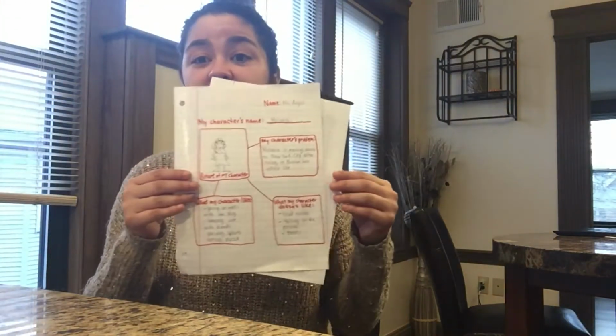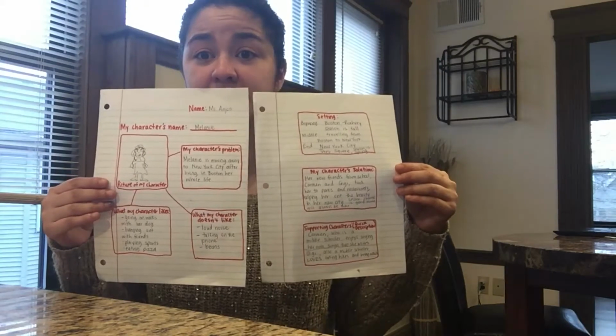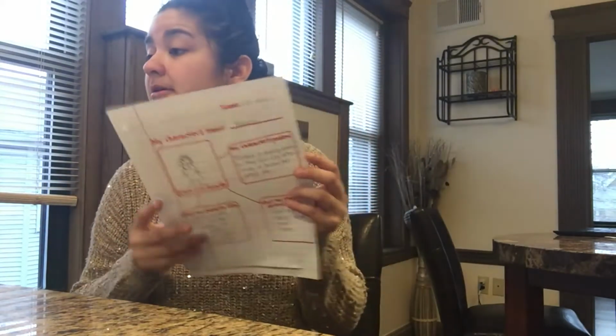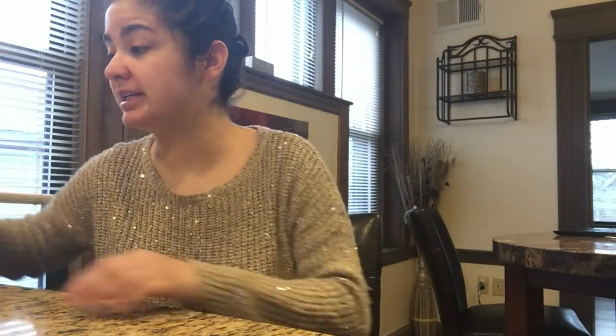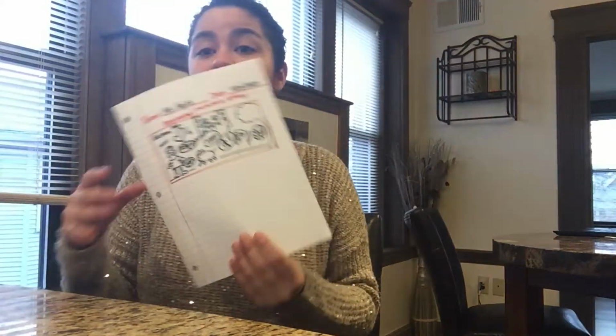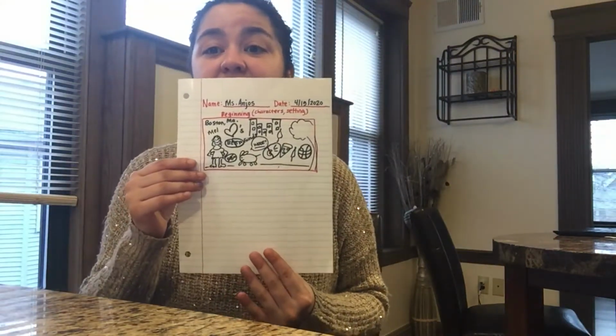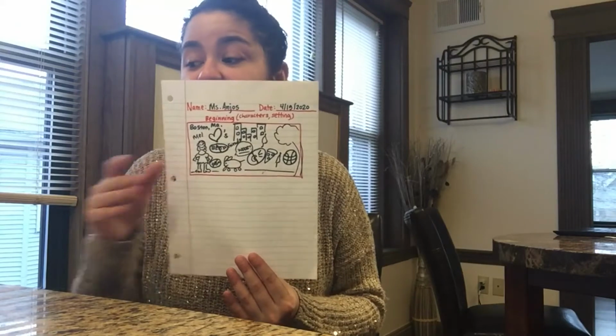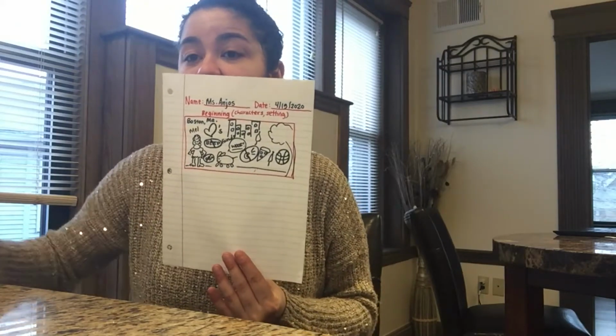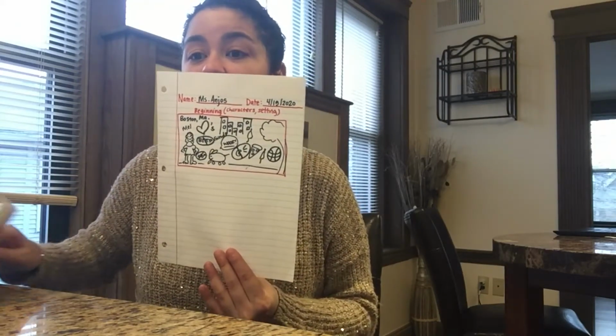You're going to need both pages of your organizer. You're going to need your beginning and your middle page because that's what we're doing today. Go ahead and make sure you have all those materials, and we'll get started in just a second.